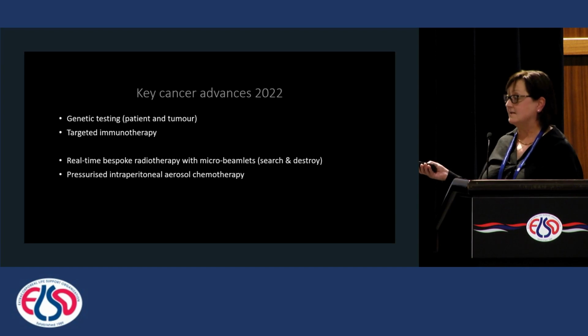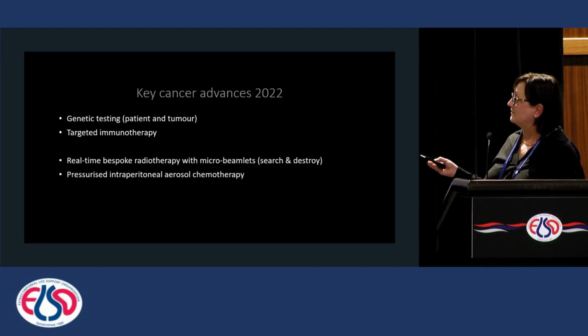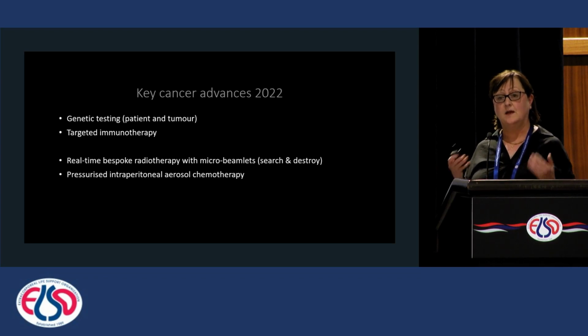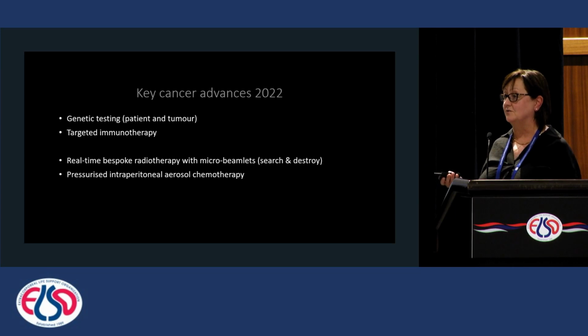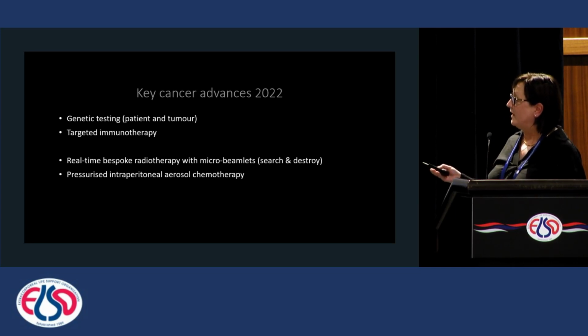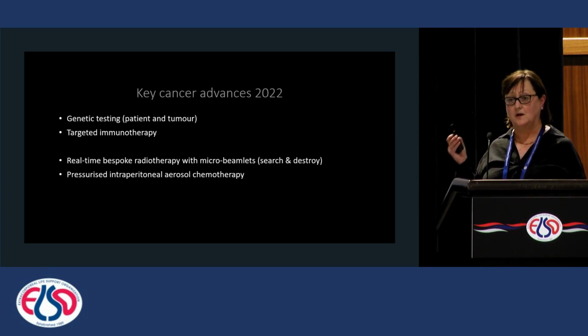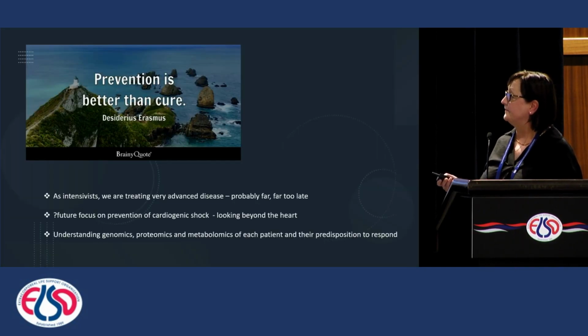And in patients with metastatic disease, they're now looking at real-time bespoke radiotherapy with beamlets that will seek and destroy cancer cells where they haven't yet been recognized by conventional testing. So the concept of theranostics. And they're thinking about different ways of delivering chemotherapy in ways they'd never thought of before. So our cancer colleagues are phenotyping and genotyping their patients and the disease much more than us.